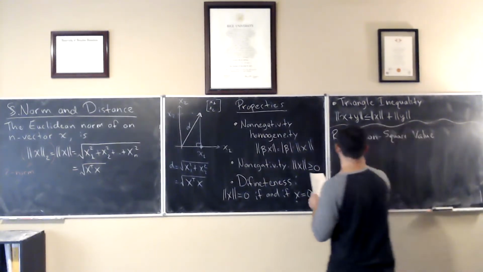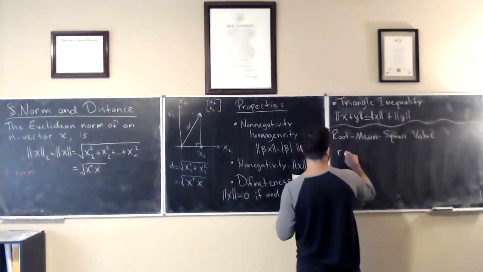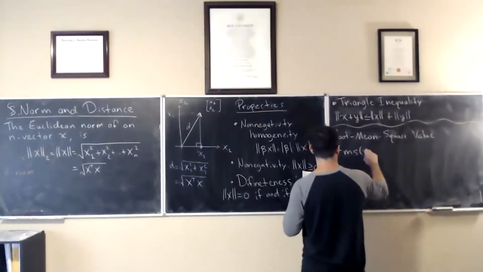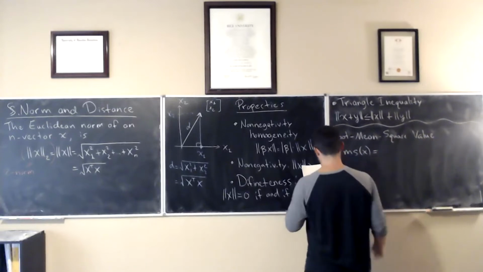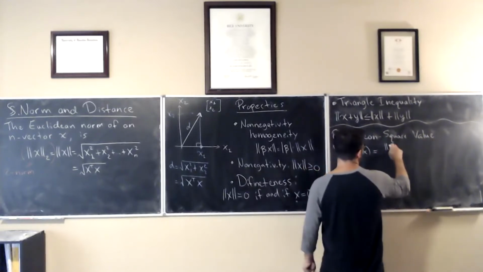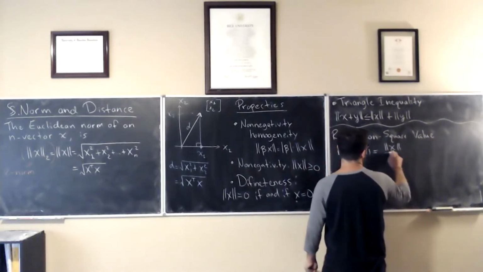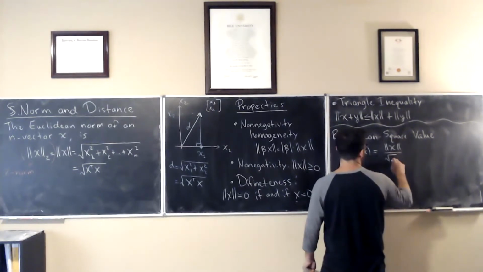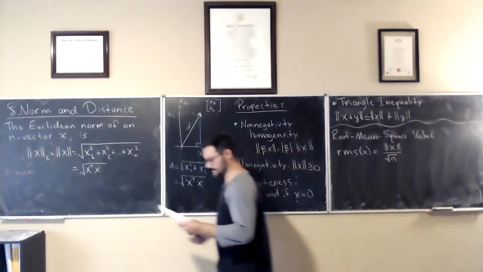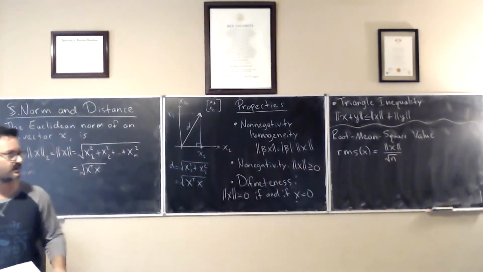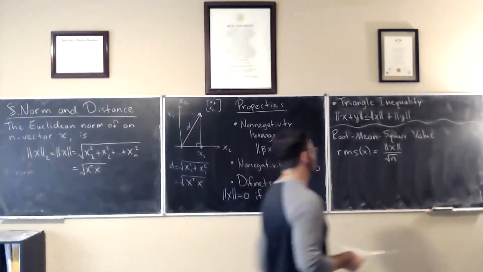And this will be denoted in this textbook by bold RMS of x. And this is just the norm of x divided by the square root of n. So if it's an n vector, this would be the root mean squared value.